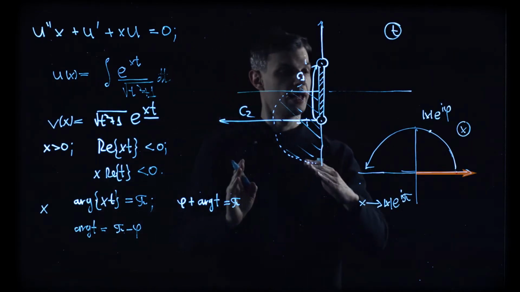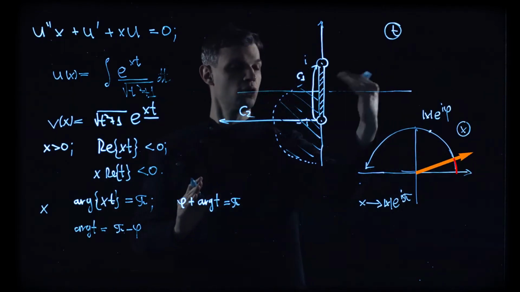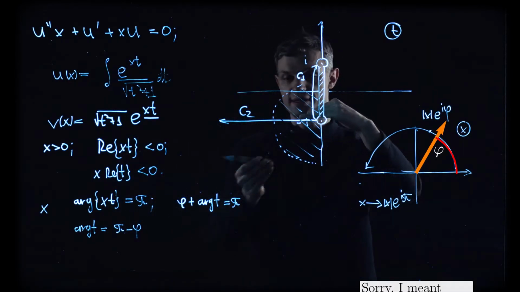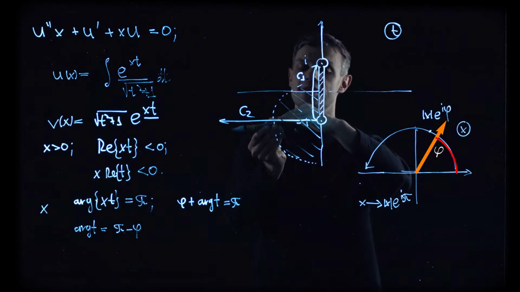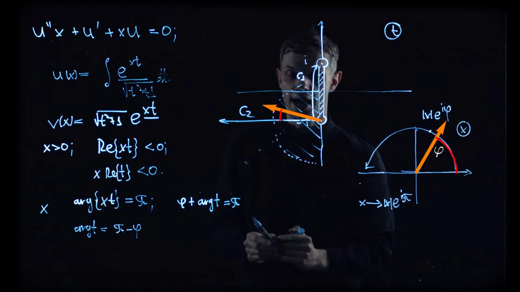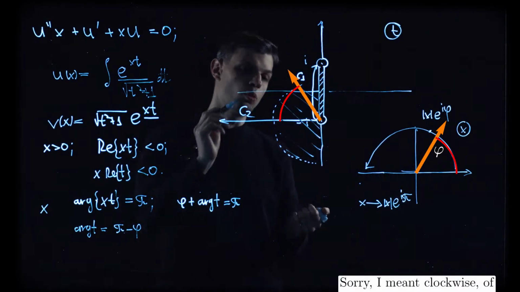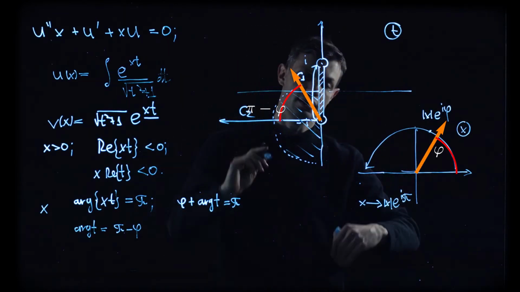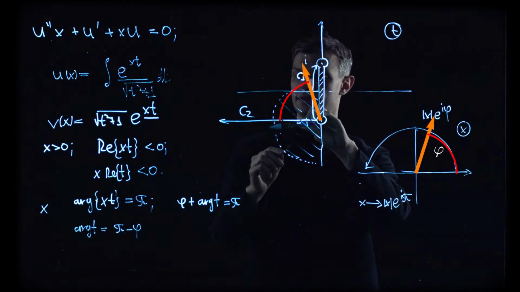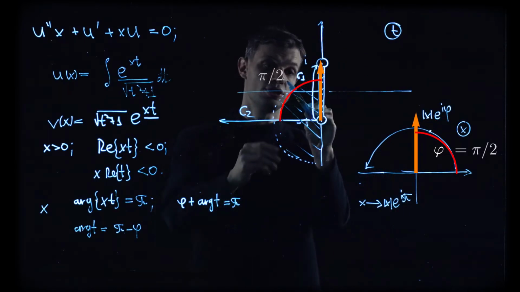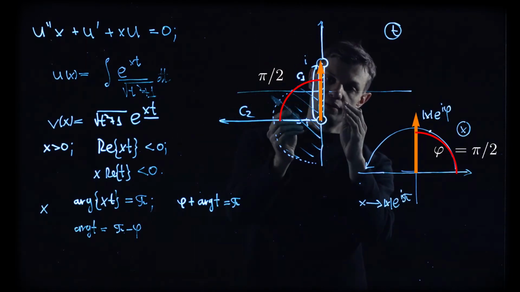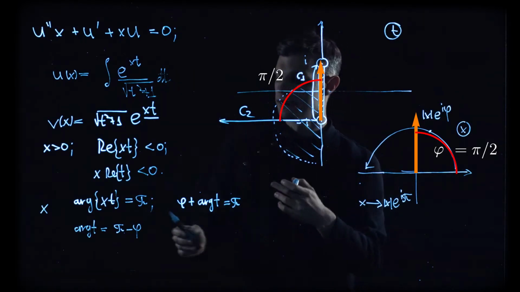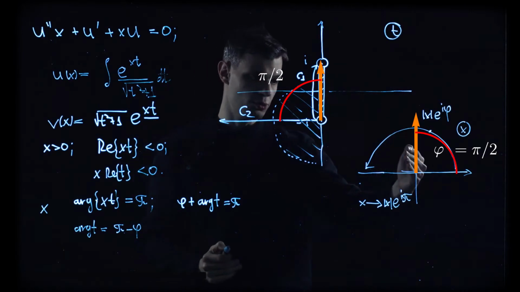So when x is rotating counterclockwise, this steepest descent direction rotates clockwise. And you see that we encounter a problem when phi reaches the pi over 2 value, because then the steepest descent direction starts intersecting with the branch cut. So the question is, what's going to happen if phi actually exceeds pi over 2?